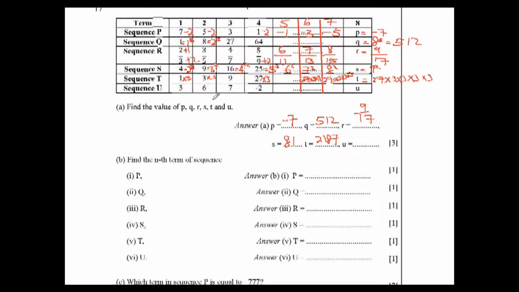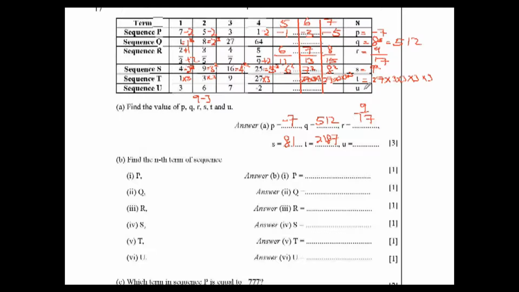Let's check whether our prediction is valid or not. 6 is equal to 9 minus 3, and 7 is equal to 16 minus 9.